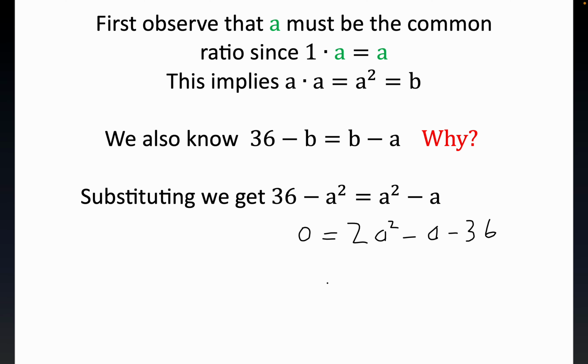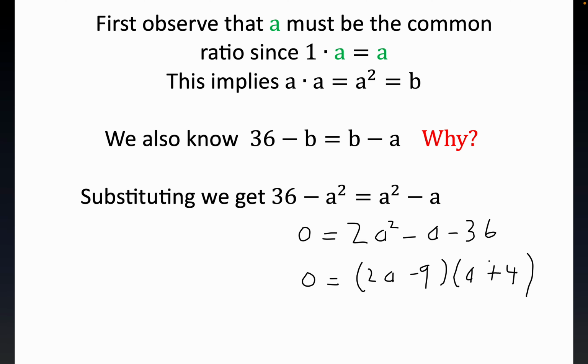So this would be 0 equals, if it's going to admit the nice factorization that we anticipated, it would have to look like this. You know that the signs are going to have to alternate here. With a little bit of guessing and checking, or trial and error as they call it, you would get a minus 9 right here, and then a plus 4 right here.